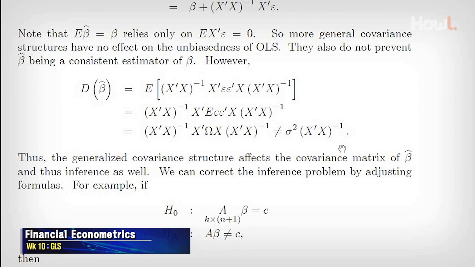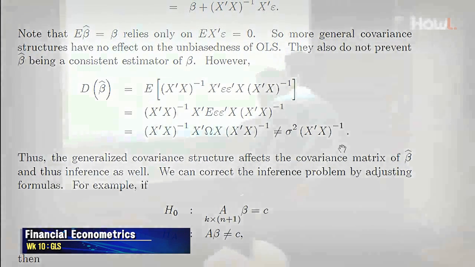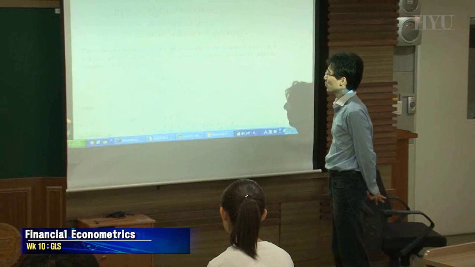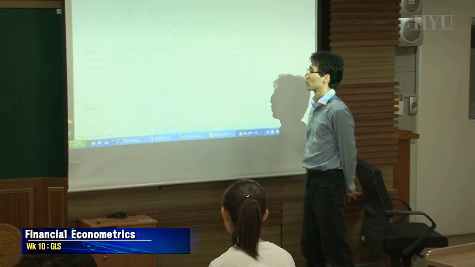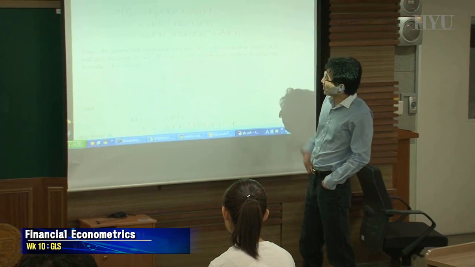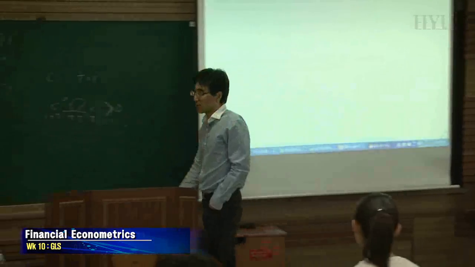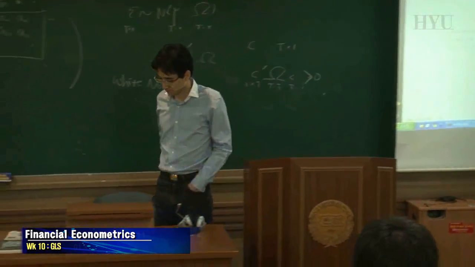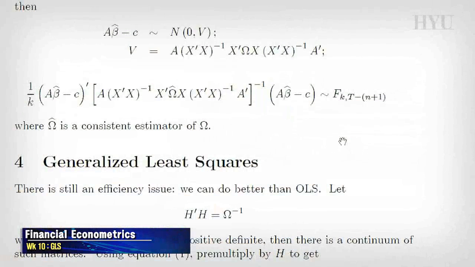We can correct the inference problem by adjusting the formula. For example, suppose our null hypothesis is A beta equals C, and our alternative hypothesis is that A beta is not equal to C. Given the null hypothesis, A beta hat minus C should equal 0.